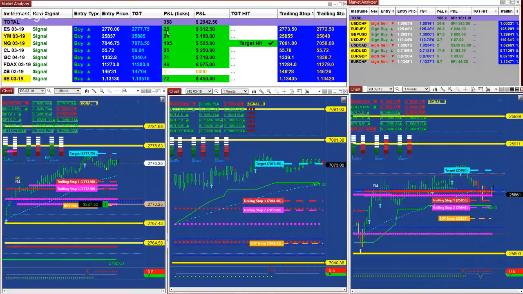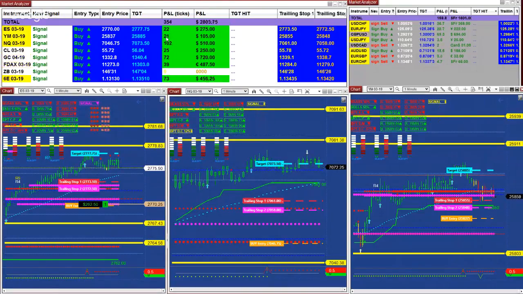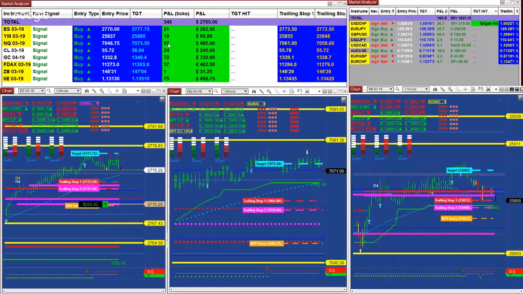If we calculate for a guy with $5,000, forget the CL, it's too big for you. One contract each of ES, YM and NASDAQ: 22 ticks on the ES, 21 ticks on the YM, 102 ticks on the NASDAQ, a total of around 140 ticks in profit based on one contract, folks.